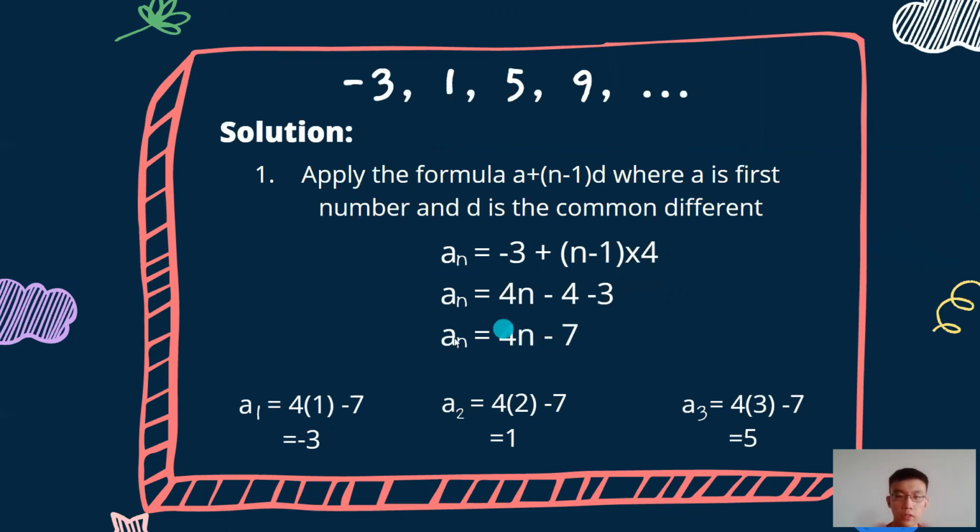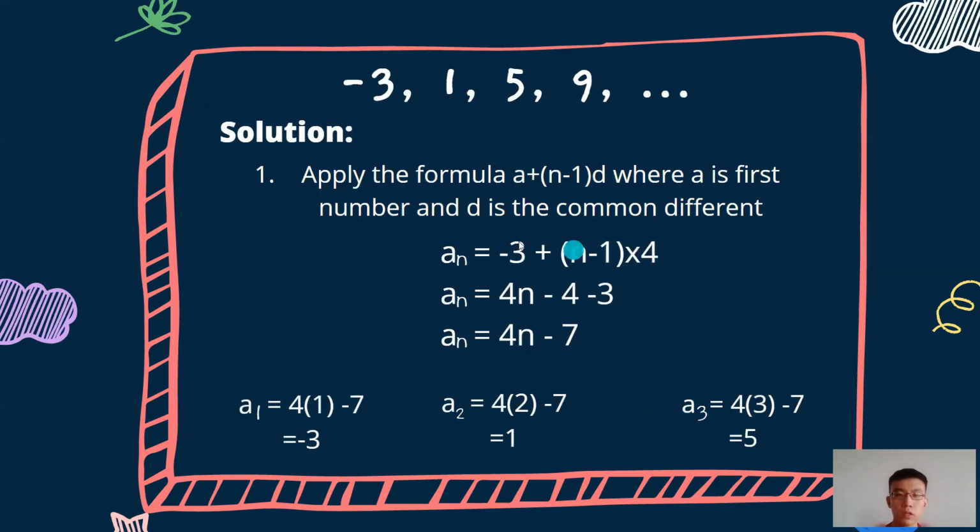We can check the answer. For the first element, a1 equals 4 times 1 minus 7 equals -3, same as the question. And a2 equals 4 times 2 minus 7 equals 1. And a3 equals 4 times 3 minus 7 equals 5 and so on.